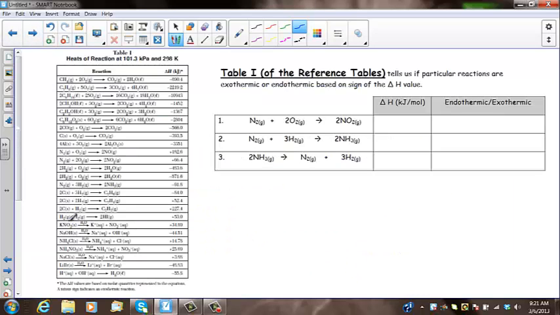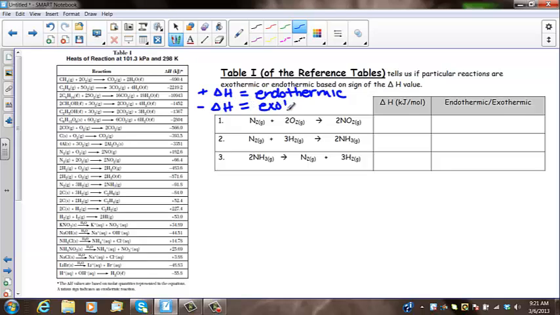Okay. Before we look at potential energy diagrams, I want to talk a little bit about Table I on your reference table. It tells us if a particular reaction is exo or endothermic based on the sign of delta H. Remember that a positive delta H equals endothermic, meaning energy is being absorbed, and a negative delta H equals exothermic.